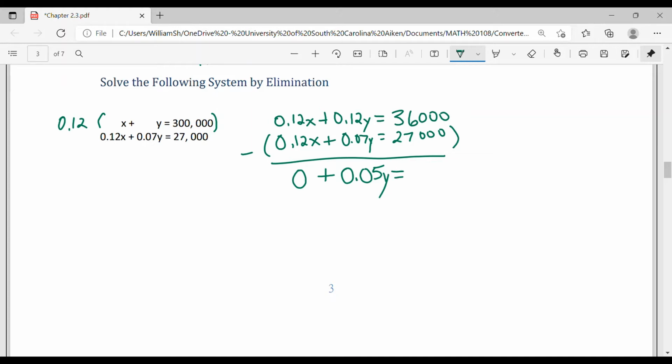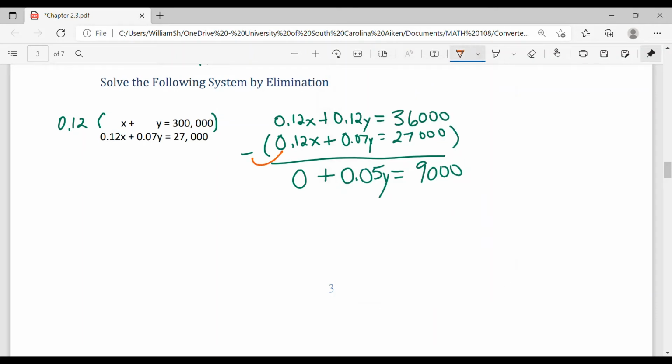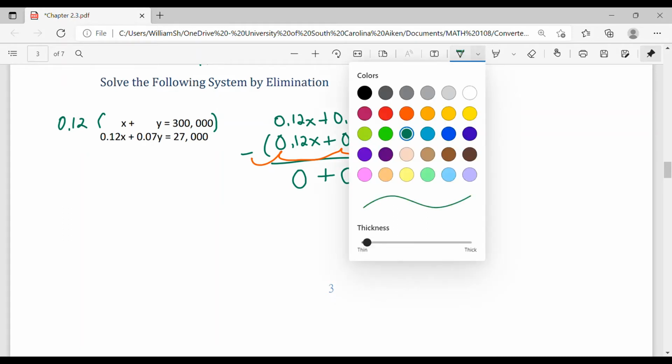And then 36,000 minus 27,000 should give us 9,000. You have to carry that minus all the way through when we do this. So it has to go to each and every one of these terms. If you don't do that, then you're going to make an error.